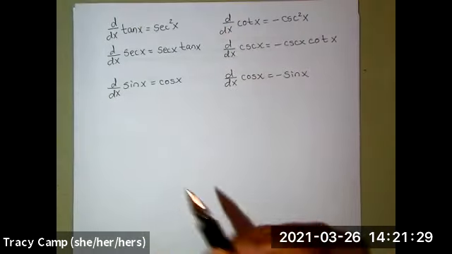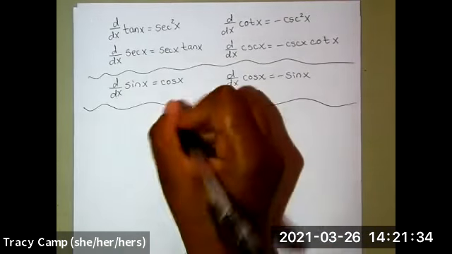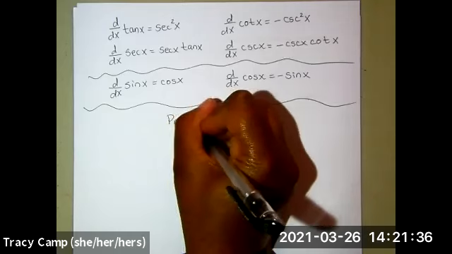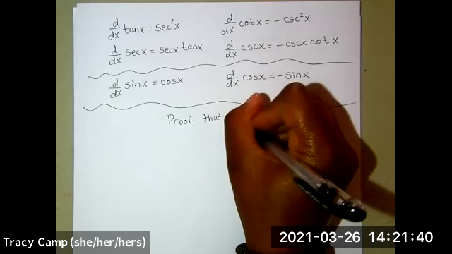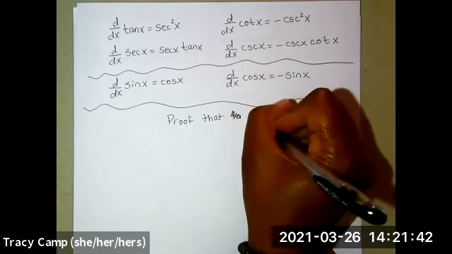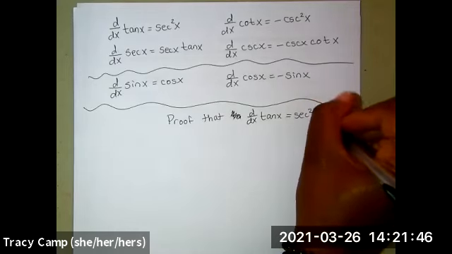So, proof that the derivative of tangent equals secant squared.